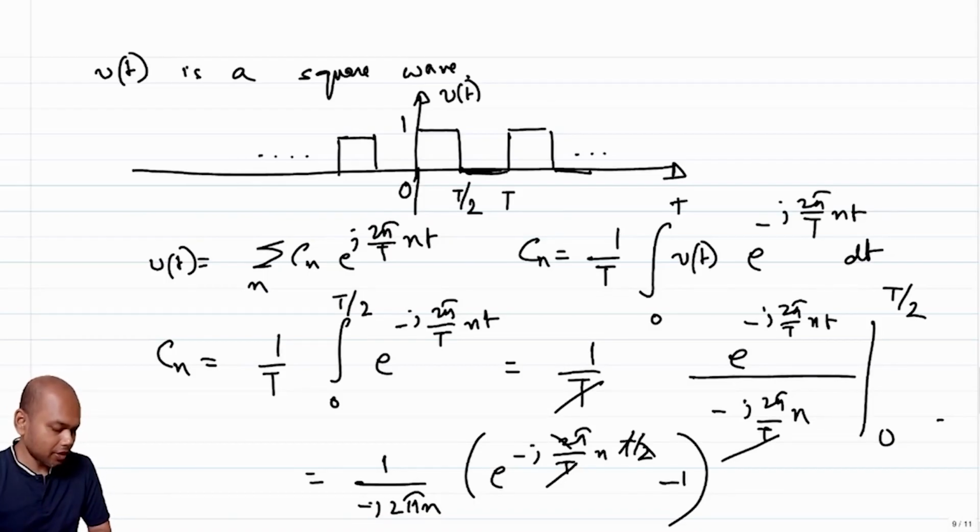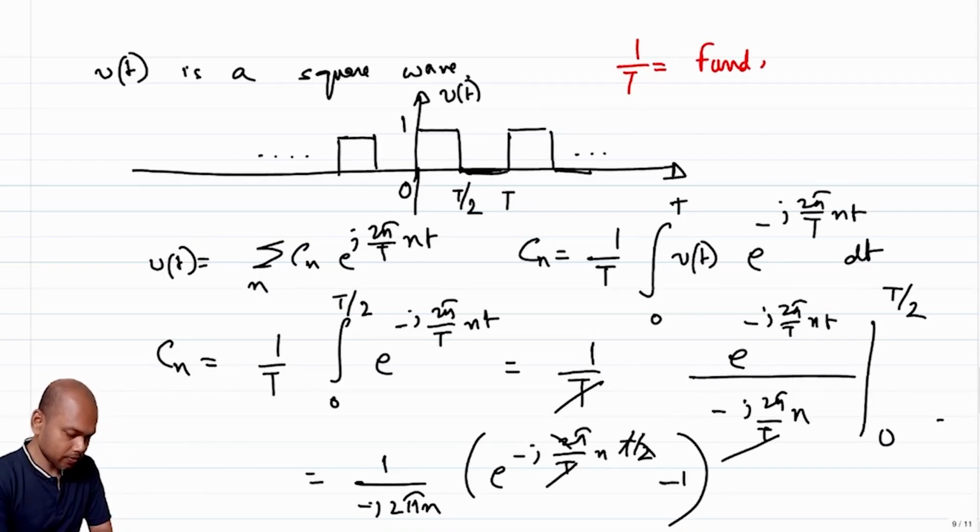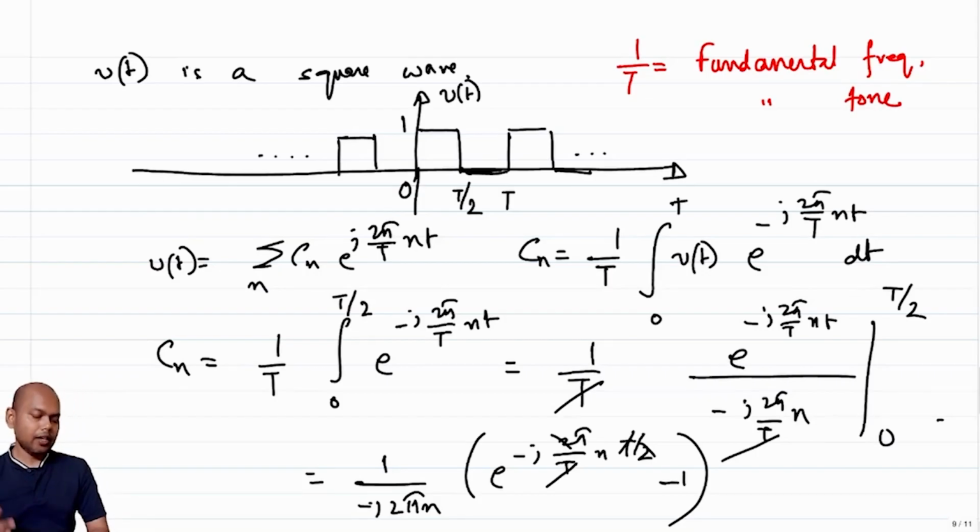Now, what is the fundamental frequency? I think I missed the definition of this. So 1 over T is often referred to as the fundamental frequency, or the fundamental tone, right? And multiples of 1 over T are referred to as harmonics.